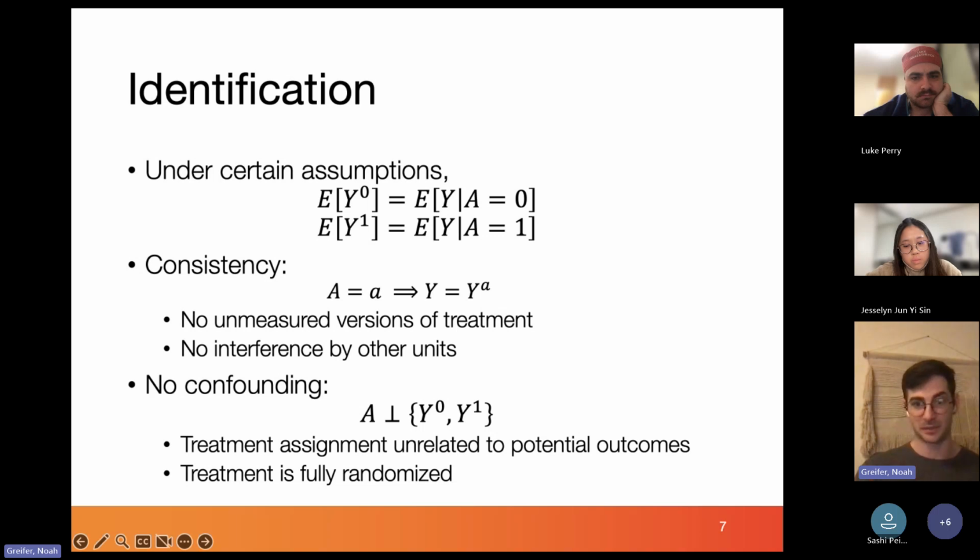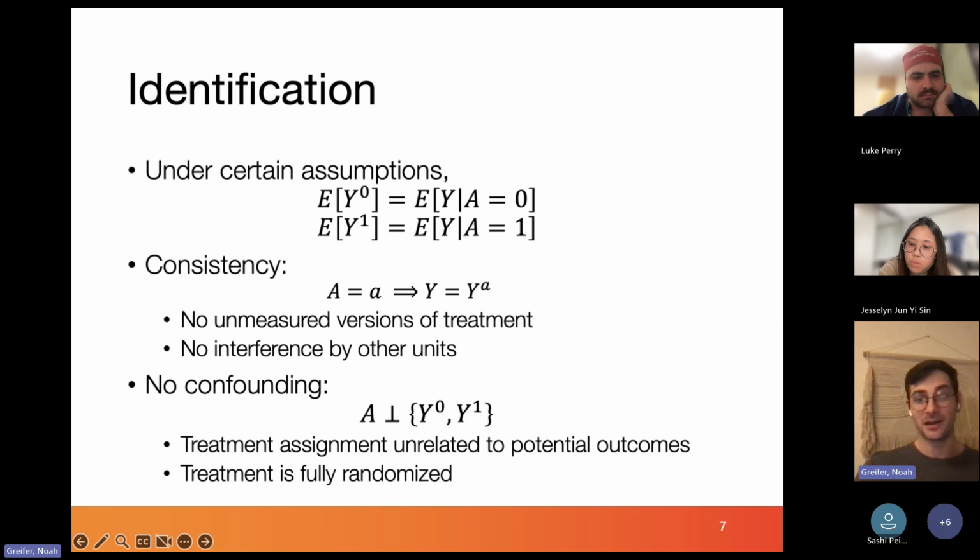When could this ever possibly happen? Well, when treatment is unrelated to anything, which is to say, when it's randomly assigned. So in a randomized trial, this assumption of no confounding is met if the randomized trial is done successfully. In certain types of trials, consistency is automatically met.